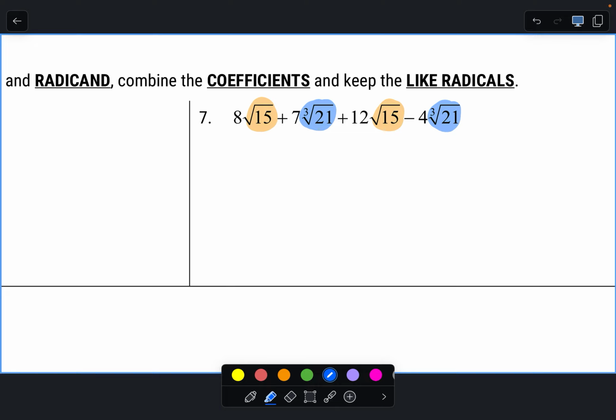So if they all have the same radical, all you're doing is combining the numbers in front. Personally, I think doing 36 minus 6 first is easy. What's 36 minus 6? 30. What's 30 plus 25? 55. So I'm going to have 55 square roots of 2.